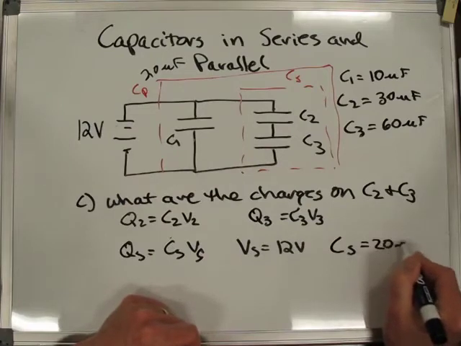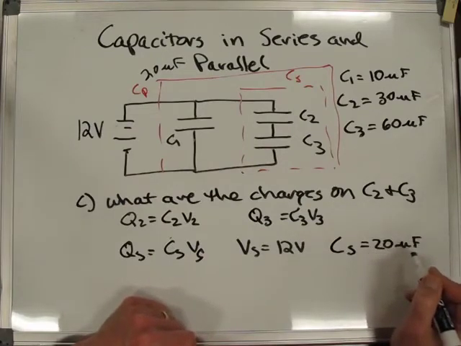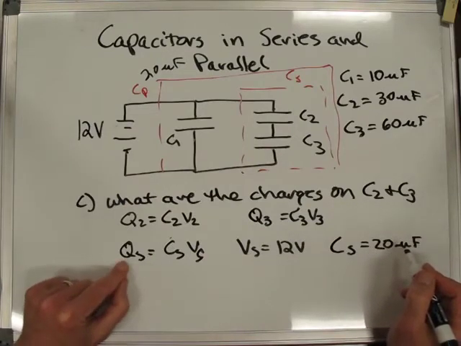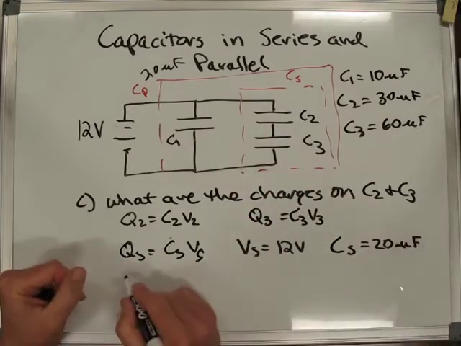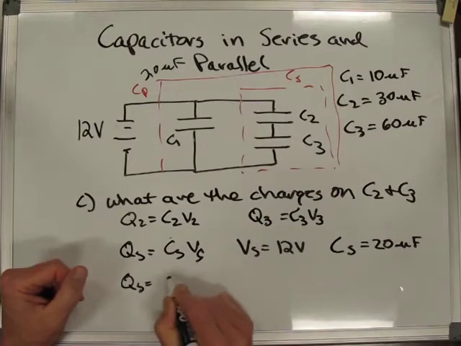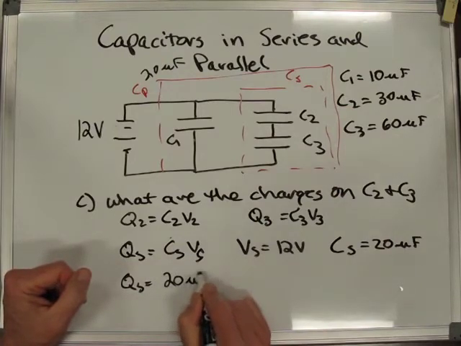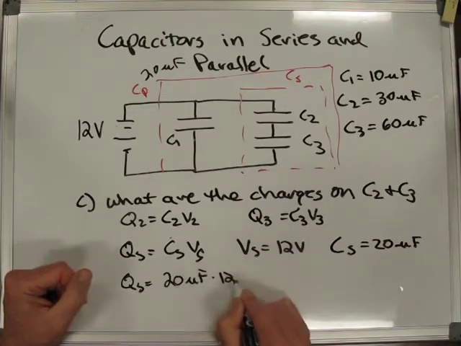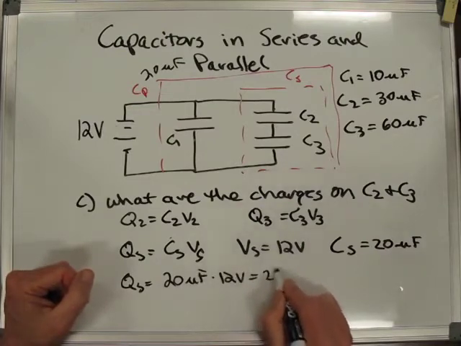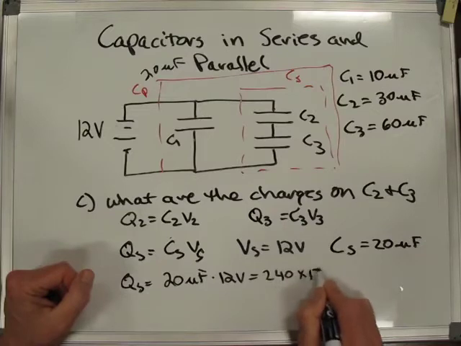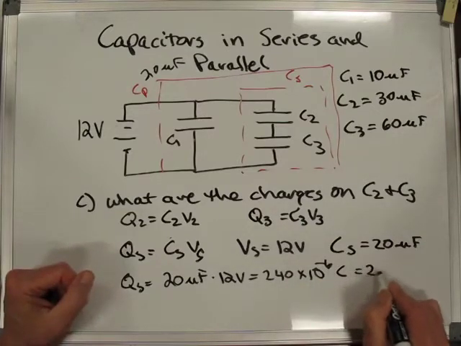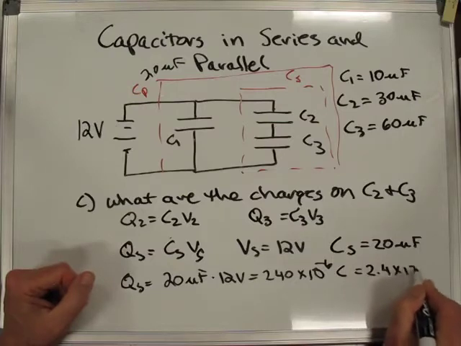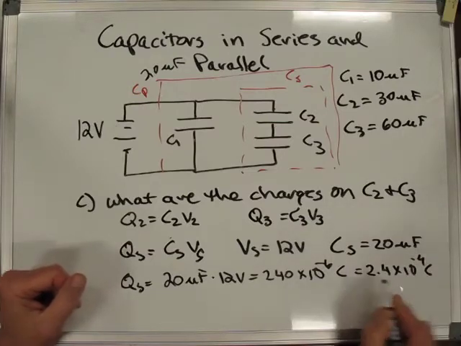It's 20 microfarads. And so I know Q series. Q series is 20 microfarads times 12 volts, which is 240 times 10 to the minus 6 coulombs. I won't go through that again. Or 2.4 times 10 to the minus 4 coulombs.